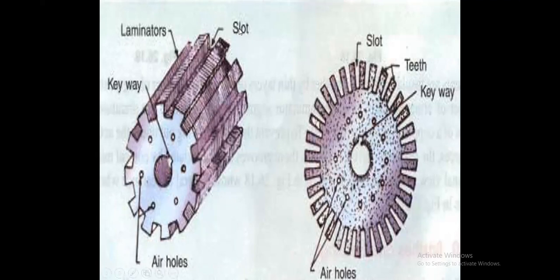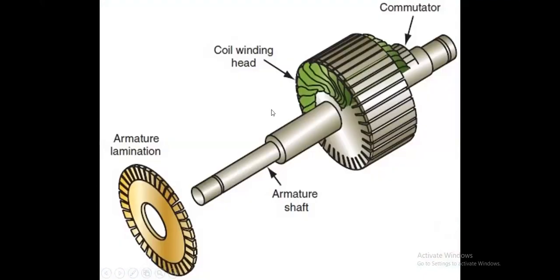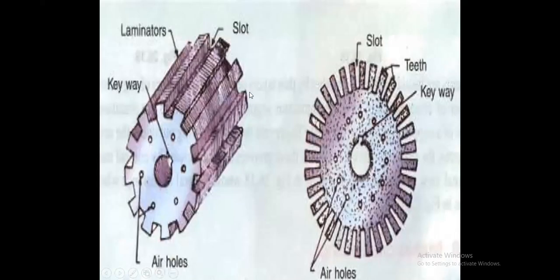Now these are the slots in which the armature winding can be placed, and these are the laminated cores. You can see them placed one by one to connect into this shape. These slots are a single entity, connected in the overall assembly.